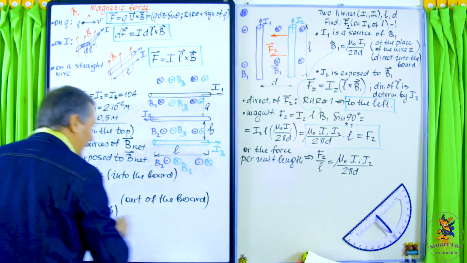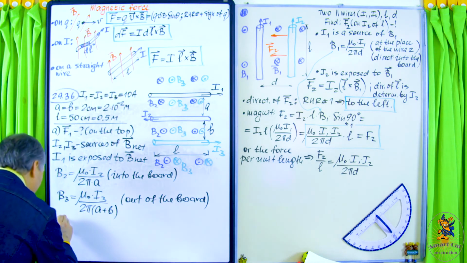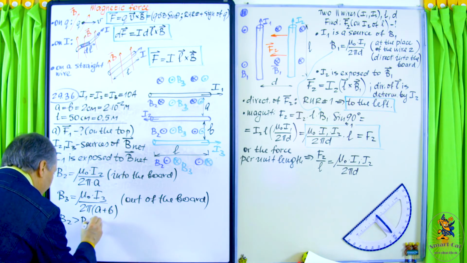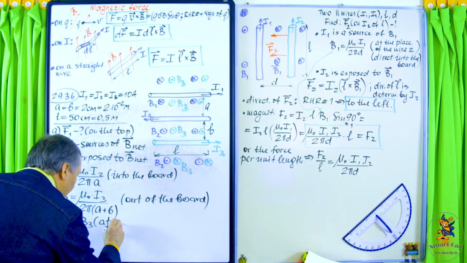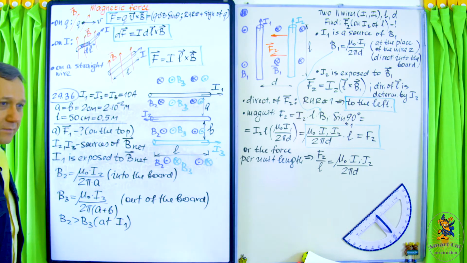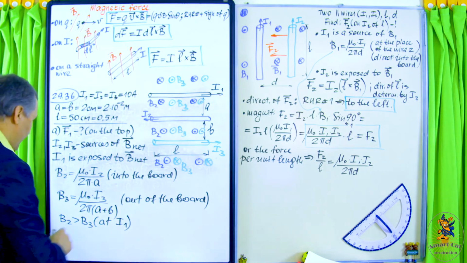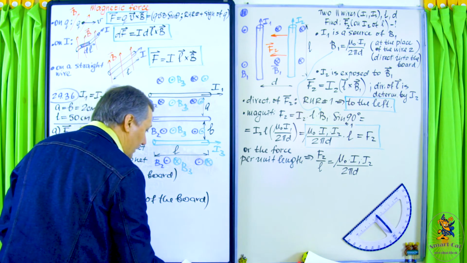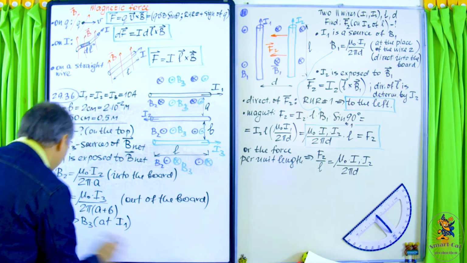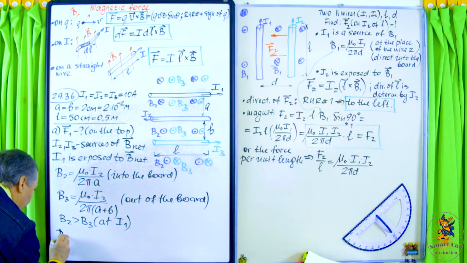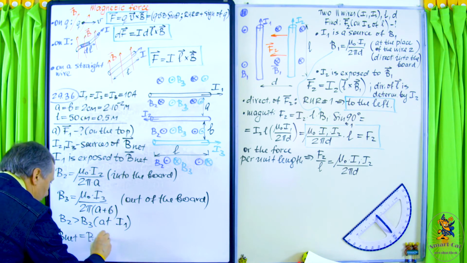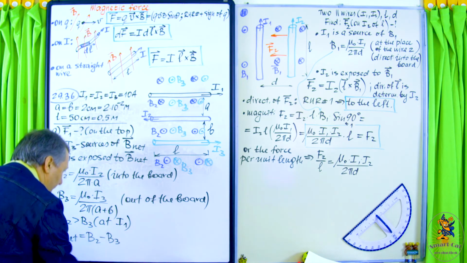Let me also emphasize, the absolute value of B2 is larger than B3 at wire I1. As a result, I will subtract B3 from B2 because B2 is larger. So B net equals B2 minus B3.